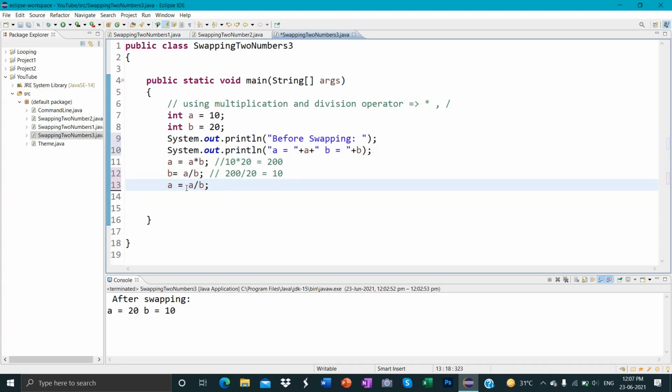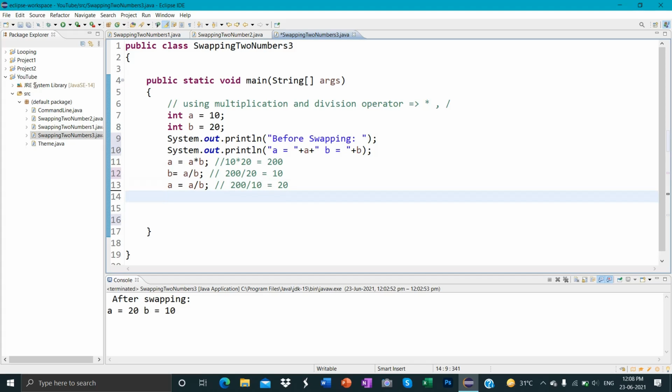Because a is here 200 and now b became 10, so it will give the result 20. We'll write here 200 by 10, which will be equal to 20.